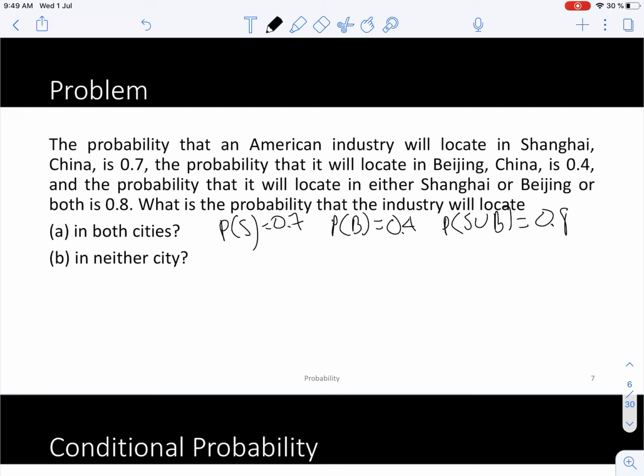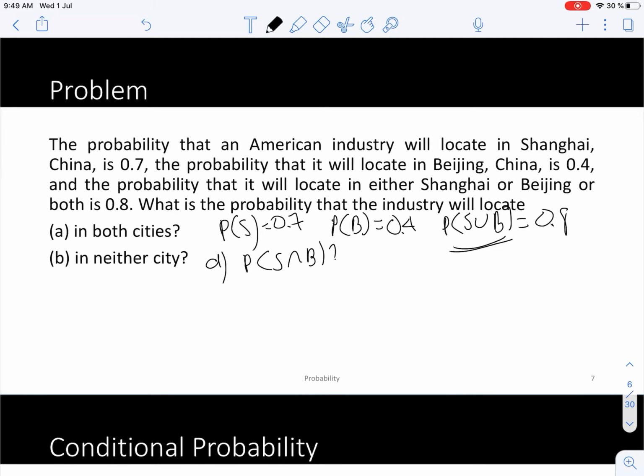So the two events occurring at the same time. That's an AND, that's an intersection. So for A, we're going to compute the probability of S intersection B. Since we have the union, we can solve it real quick, because remember that in the equation of the union, you have the intersection, and you already know the value of the union, so you can just solve for the intersection.